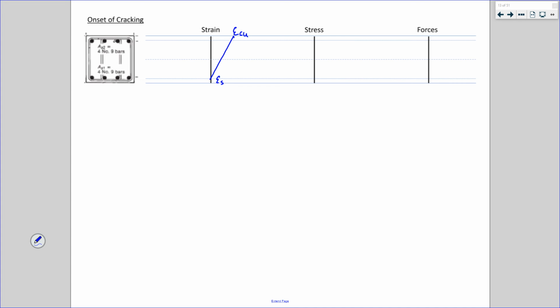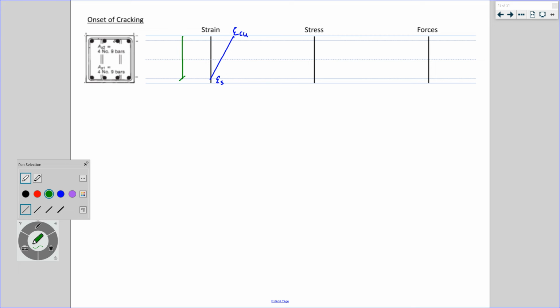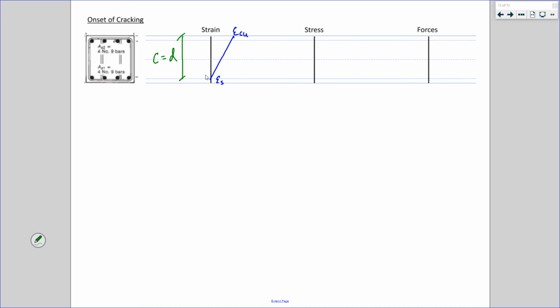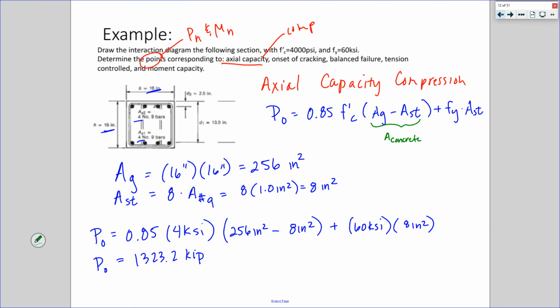That means that my C, my depth to my neutral axis, C equals D1, so 13.5 inches.